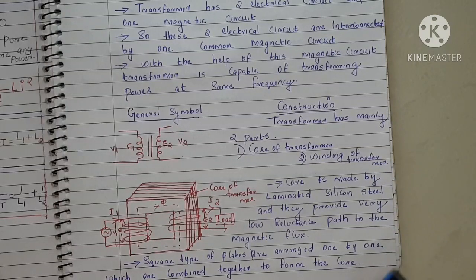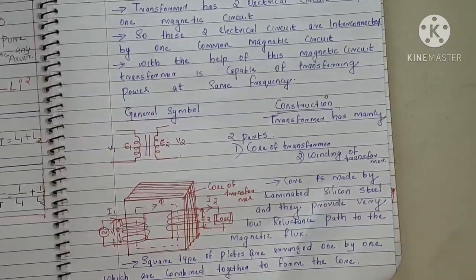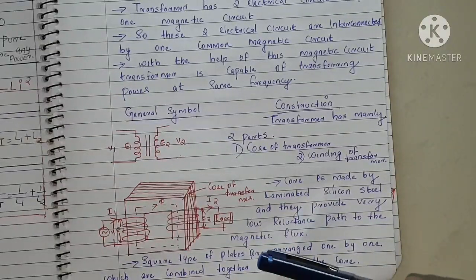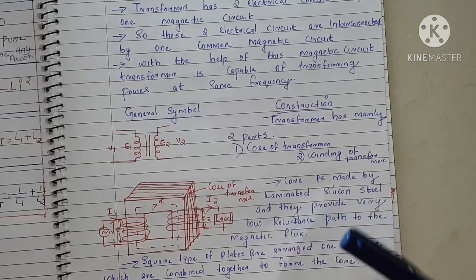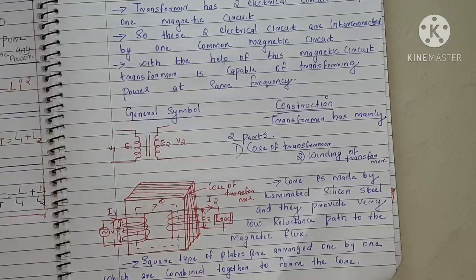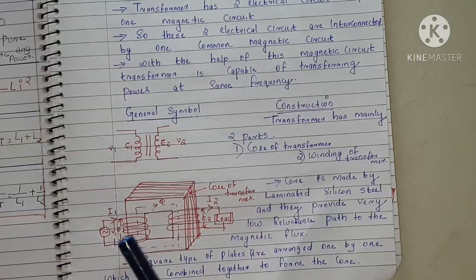That's why silicon steel, which has a low reluctance path, is used as the core of the transformer. Square-type plates are arranged one by one, stacked and combined together to form the core of the transformer. This plate is made using a ferromagnetic material which has the capability to absorb the complete magnetic field, and it transfers this complete magnetic field from the primary winding to the secondary winding.